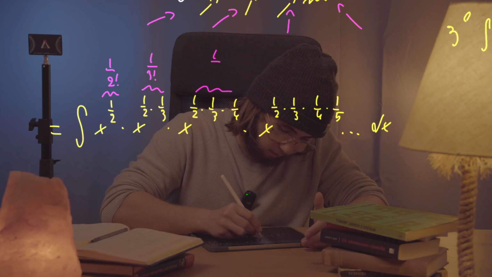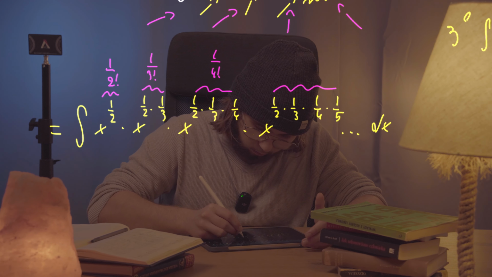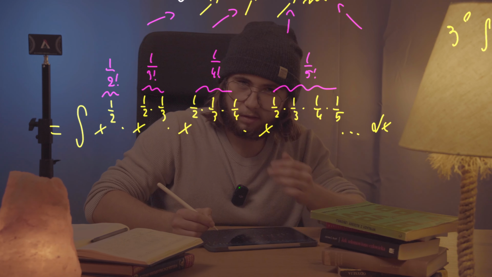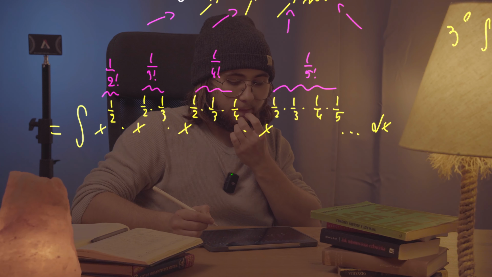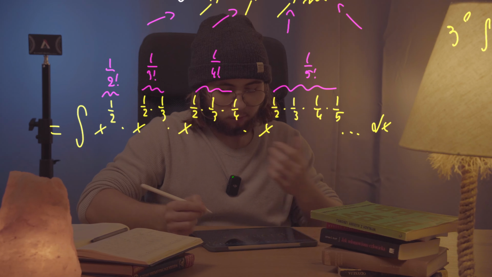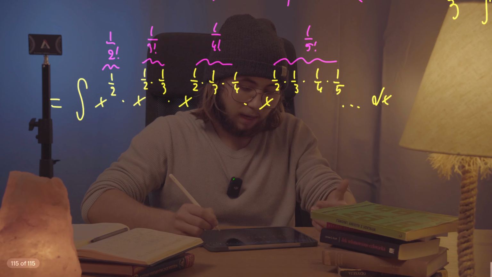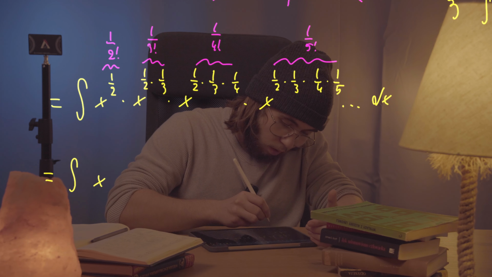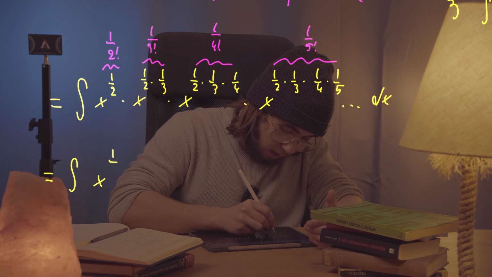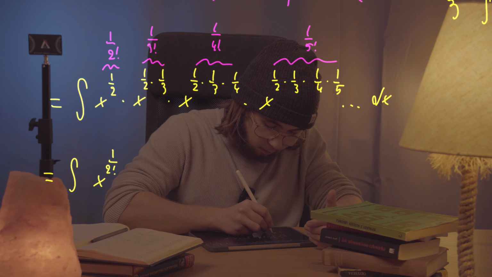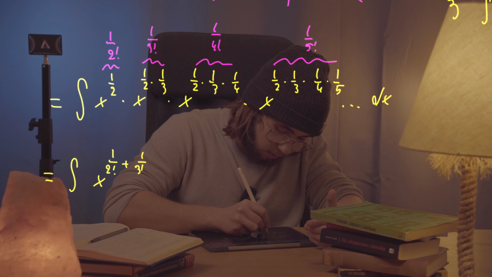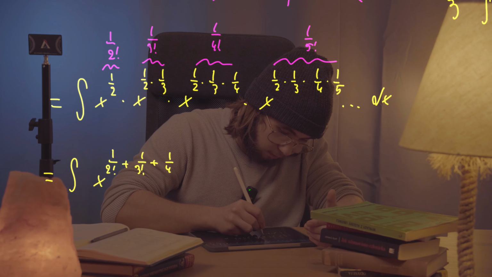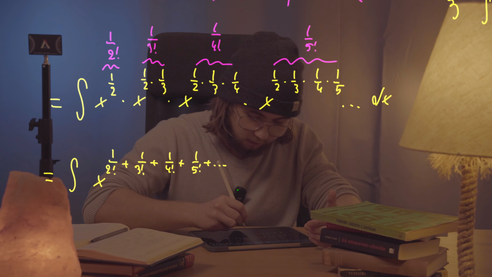Here we've got 1 over 4 factorial, and here 1 over 5 factorial. That's interesting, because if we multiply all those x's together and add up those exponents, we get the integral of x to the power of 1 over 2 factorial plus 1 over 3 factorial plus 1 over 4 factorial plus 1 over 5 factorial, and so on and so forth.